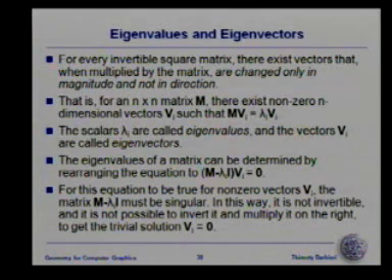If you want to put this definition into a formula, you take a matrix M, then you have some vectors, V with i. If your matrix is 2 by 2, then you have two vectors. If your matrix is 3 by 3, then you have 3 vectors, and so on.